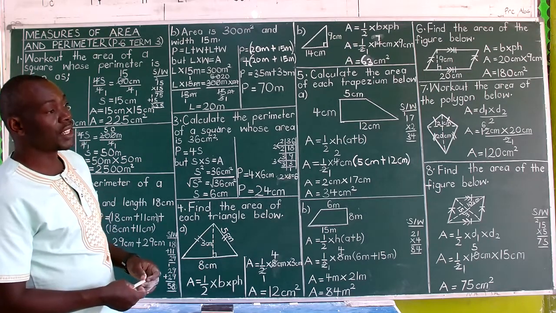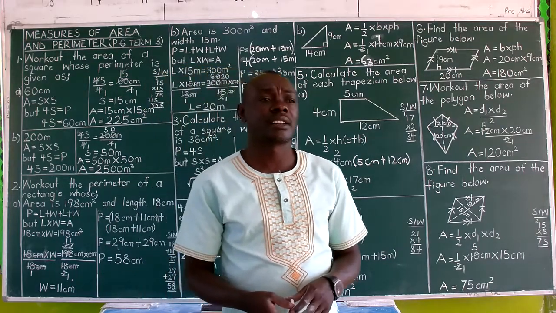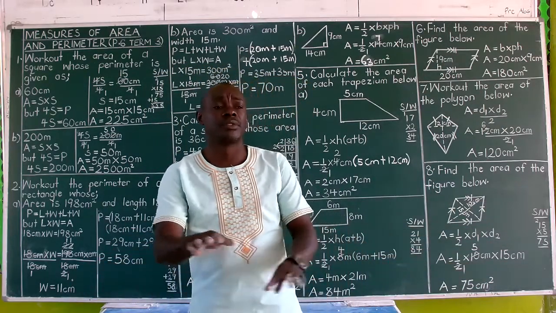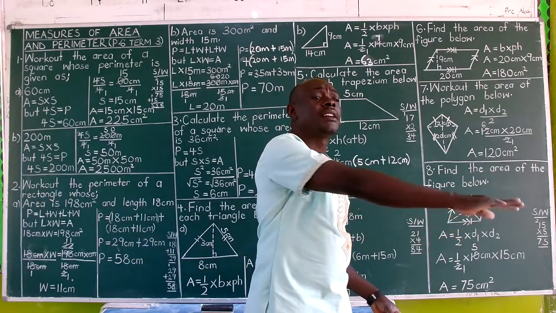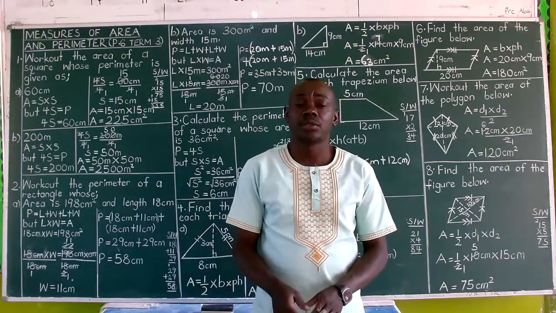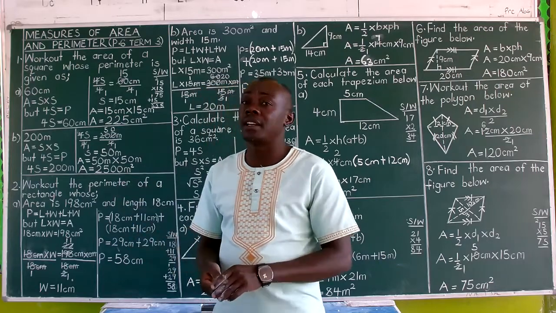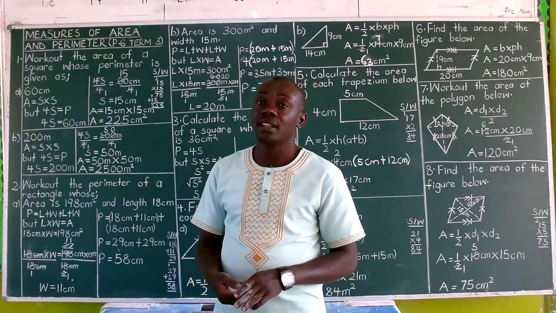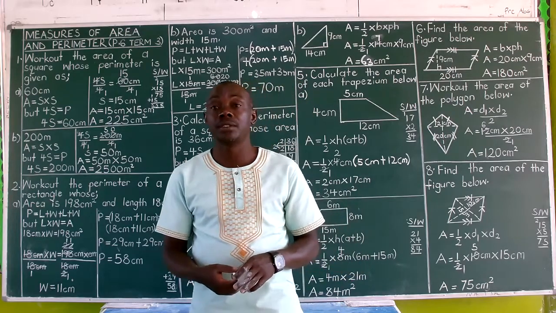First of all, you must understand what area means. Area is like coverage, or like a region of coverage. Like say this is the area where I must sit, meaning this is the region where I must sit. So area means the region covered by a particular object, so that we can calculate it in square units.